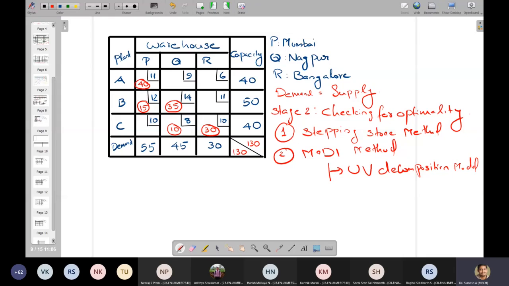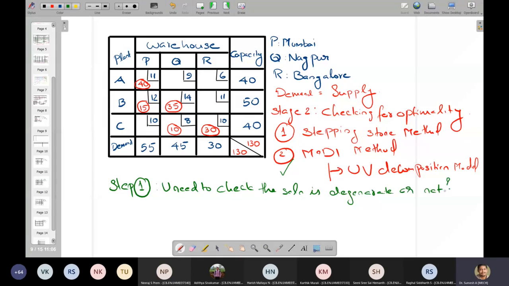Whether you apply the stepping stone method or MODI method, step 1 is that you need to check whether the solution is degenerate or not. How will you check this?